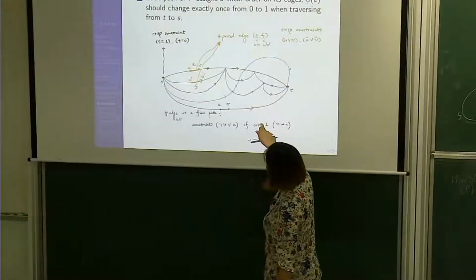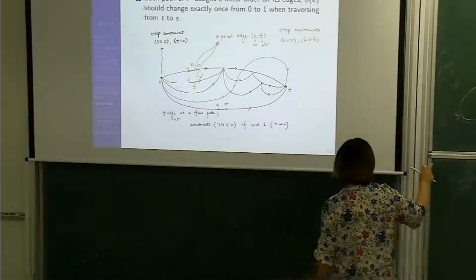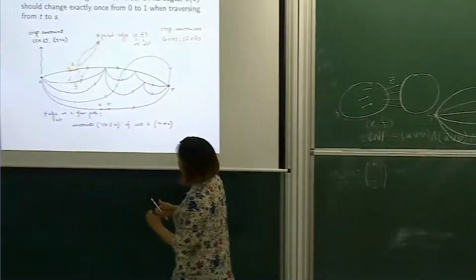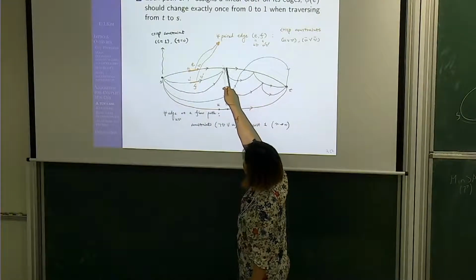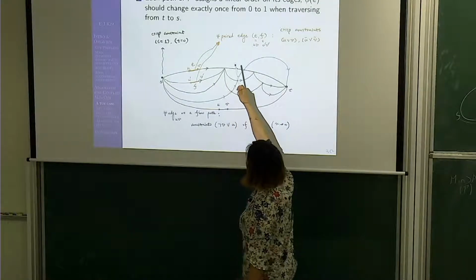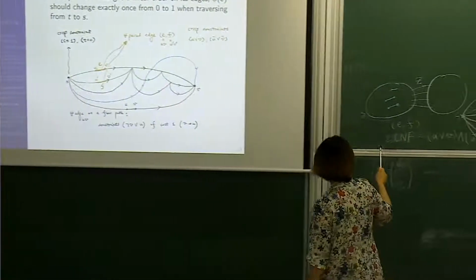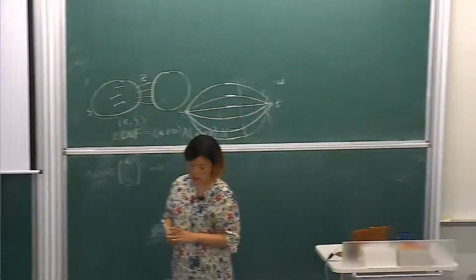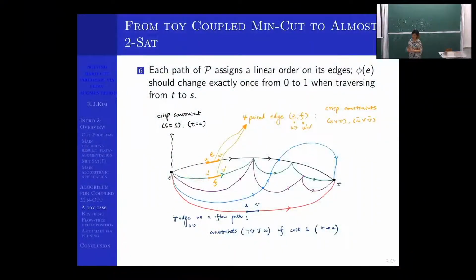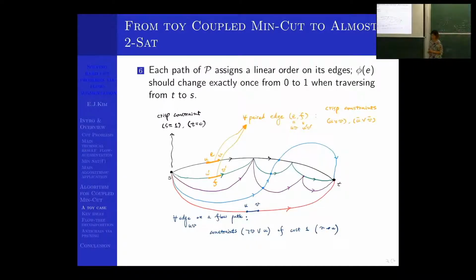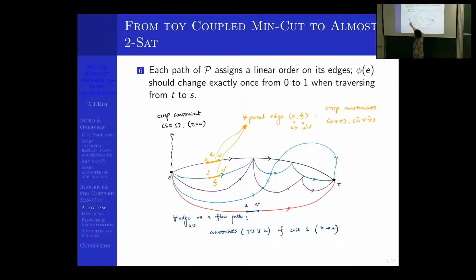So you can formulate it as a 2-CNF, so that there is a solution for this toy coupled min cut if and only if there is an assignment for this 2-CNF which violates at most 2K clauses. So how do we make this 2-CNF formula?